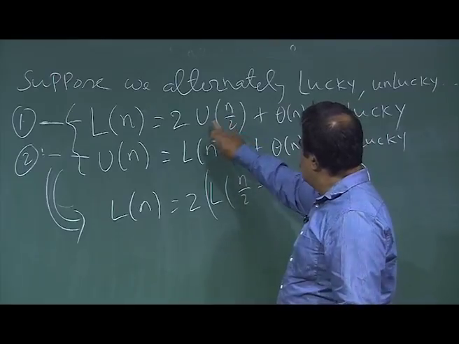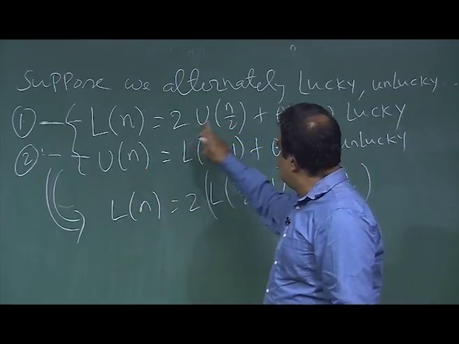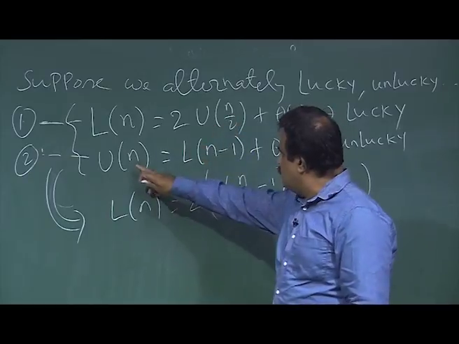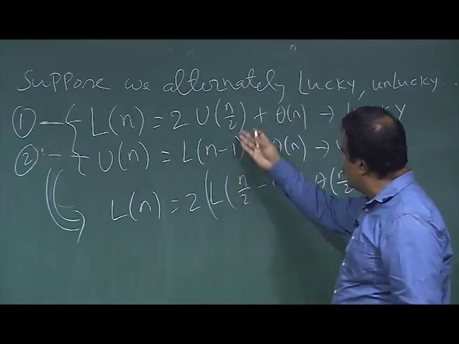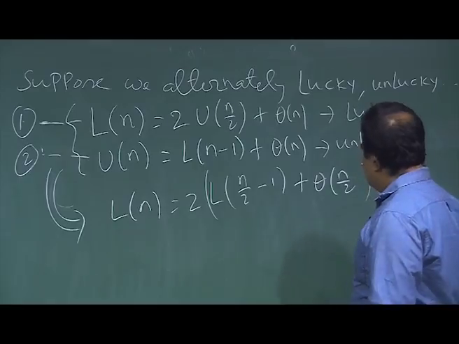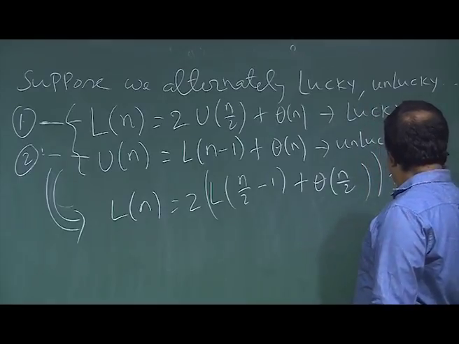We are just putting u of n by 2 into this recurrence. So u of n, we are putting n equal to n by 2, this plus theta of n.